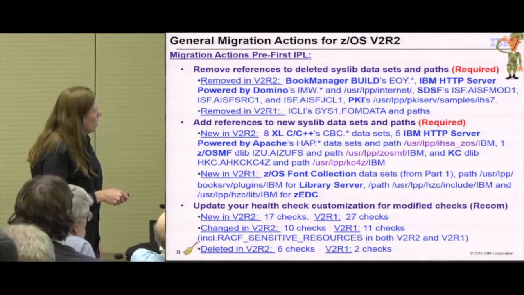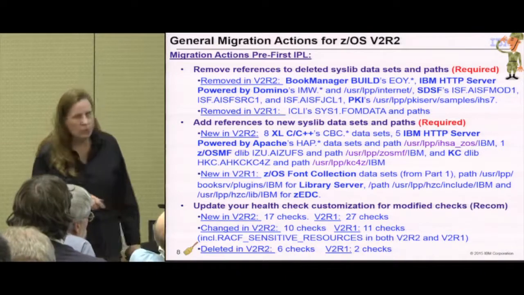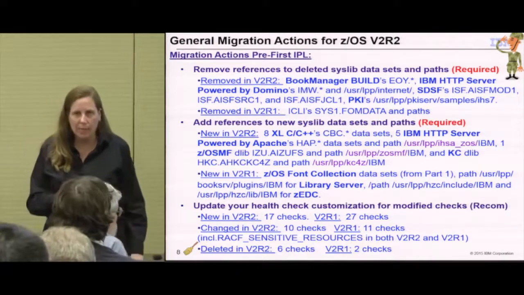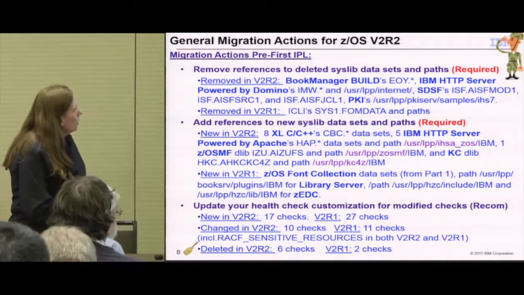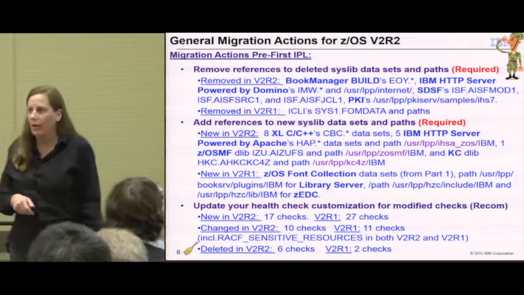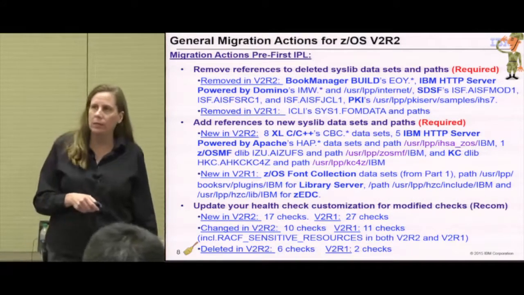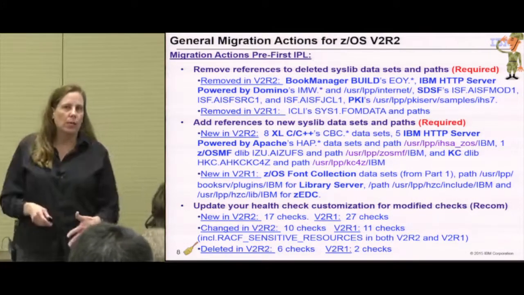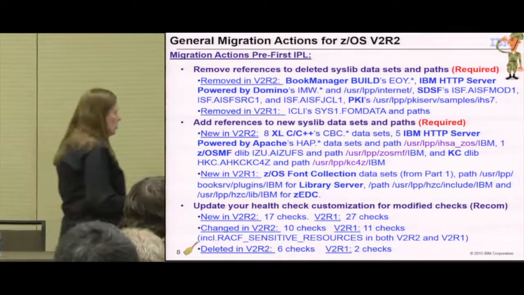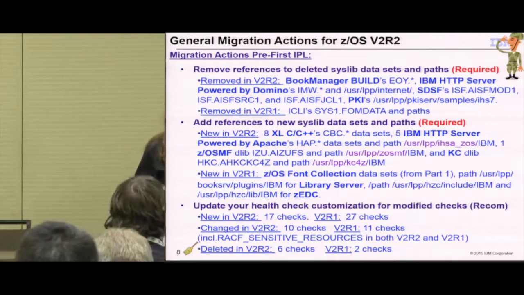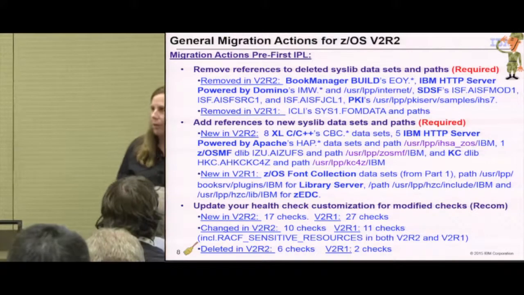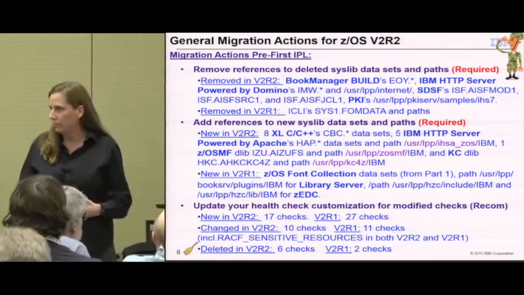Also, I wanted to point out that the IBM HTTP Server powered by Apache, IHSA, is going into a directory called /usr/lpp/IHSA_ZOS. That is a brand new directory that we decided on the name of. That's where the IHSA is going to go for z/OS 2.2, and I want to point out there is no VRM on that directory.